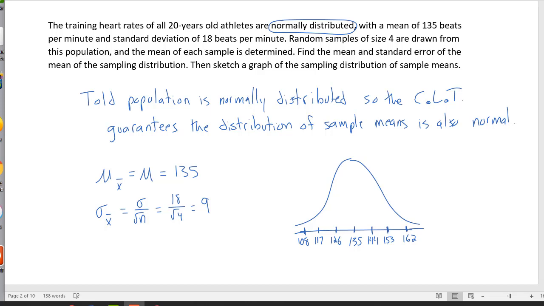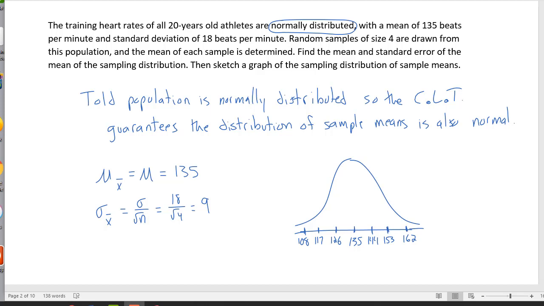For example, it's pretty well known that the heights of humans is roughly normal. So if I'm looking at the population of heights of humans, I'm going to know from prior experience that that property is typically normal for a population of that type of data set.